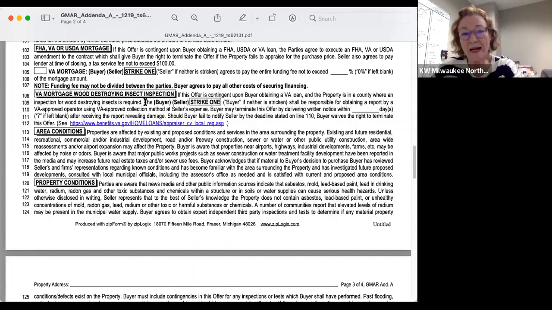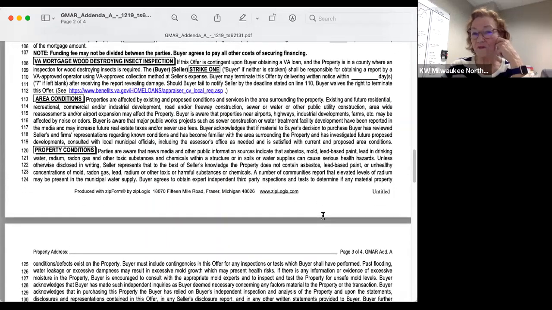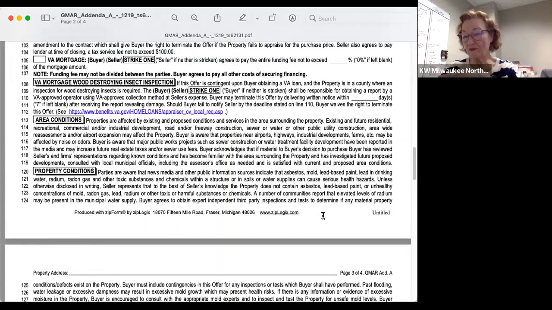The buyer shall be responsible for obtaining a report from the VA approved operator. Buyer may terminate this offer by delivering written notice within 7 days, revealing damage. Should buyer fail to notify seller by the deadline, buyer waives the right to terminate the offer. So it's a little extra protection for the VA buyer.